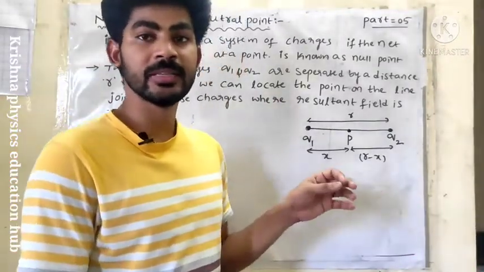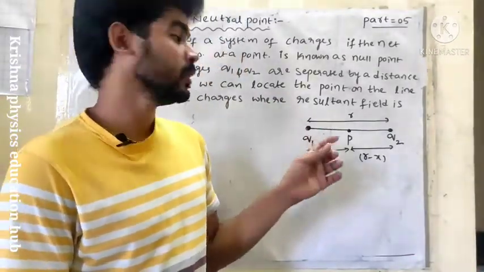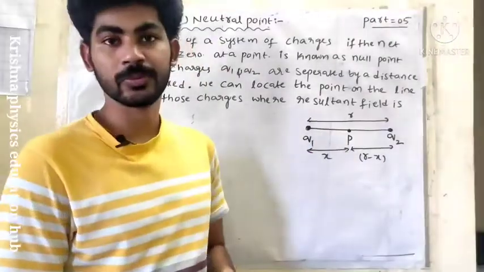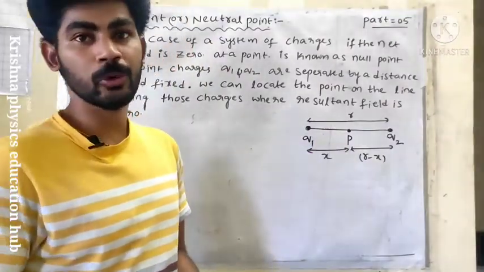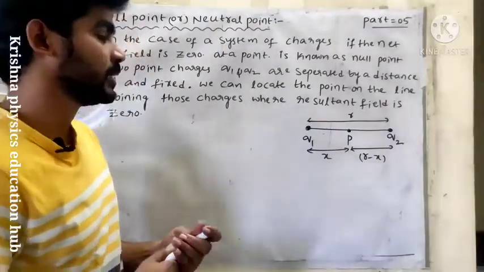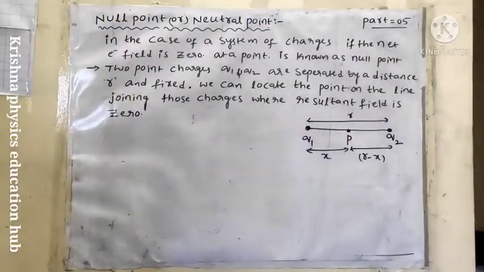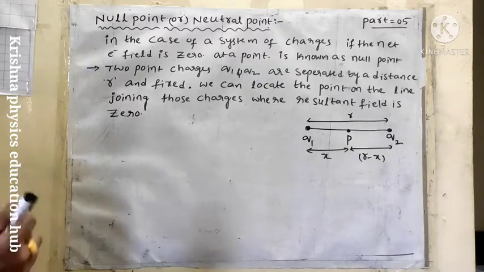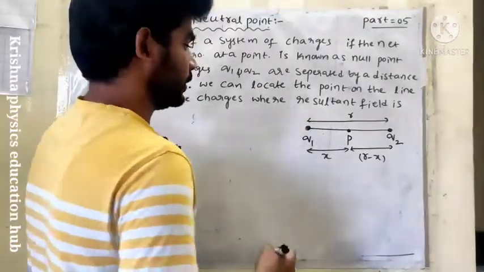Where the resultant field is 0, that is the null point.